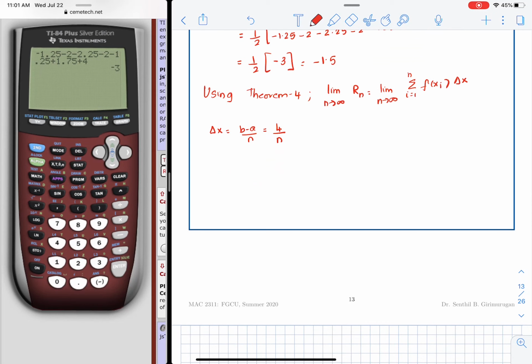So let's find the sum first. Sum i equals 1 to n, f of xi, delta x. Sum i equals 1 to n, f of xi, times 4 over n.